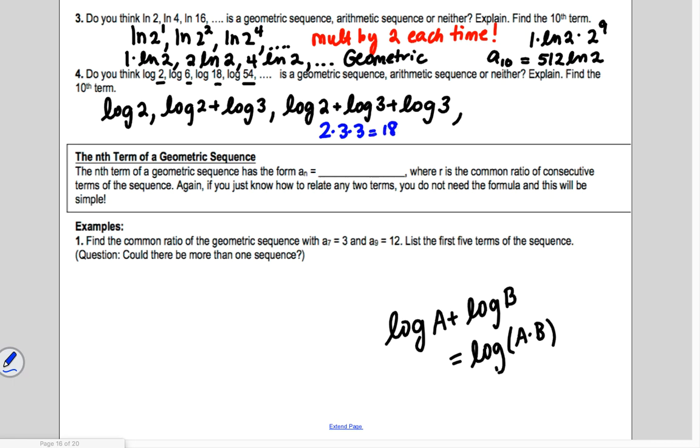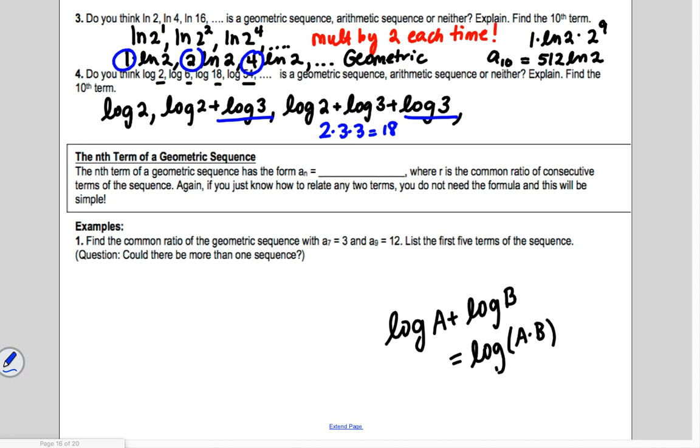How is this different from the last one? The last one was multiplying, like we were doing 1, 2, 4, 8, 16, right? Do you see how those are different? Yeah. Okay, this time we're gaining a plus log of 3, plus log of 3, plus log of 3. Okay, it's different.